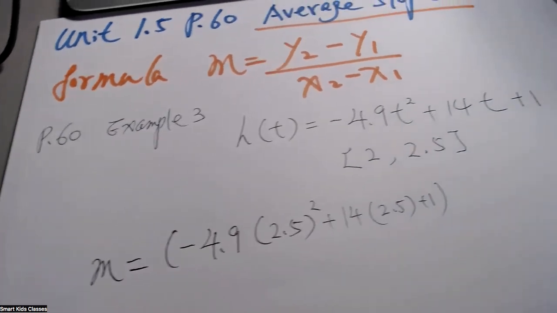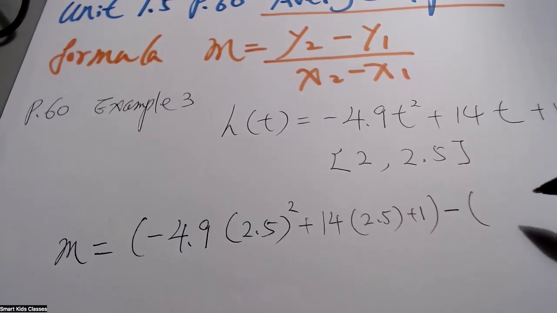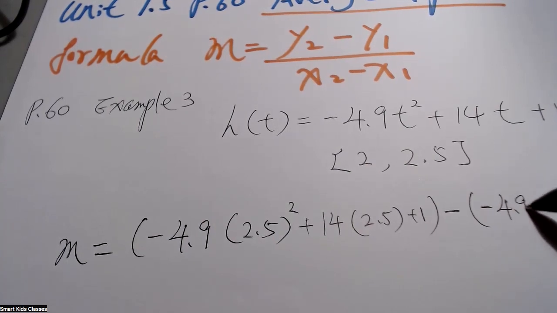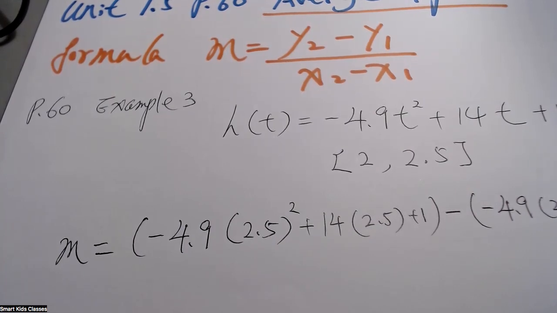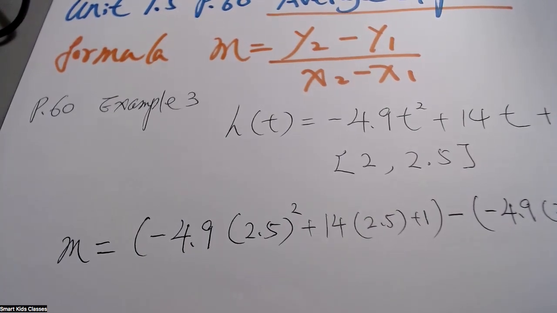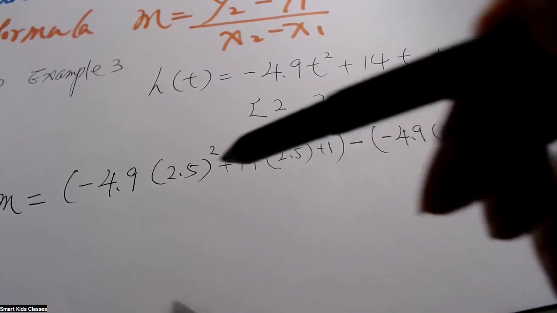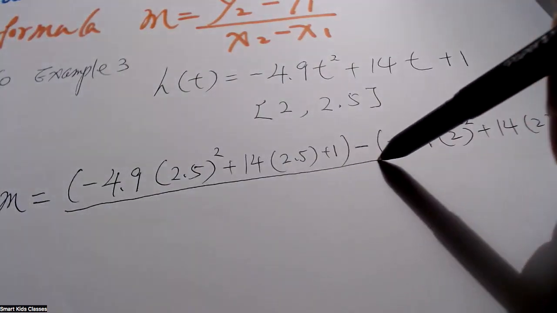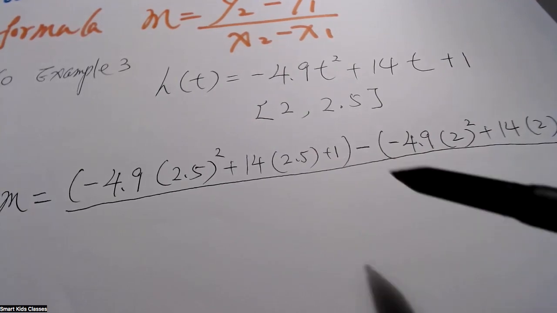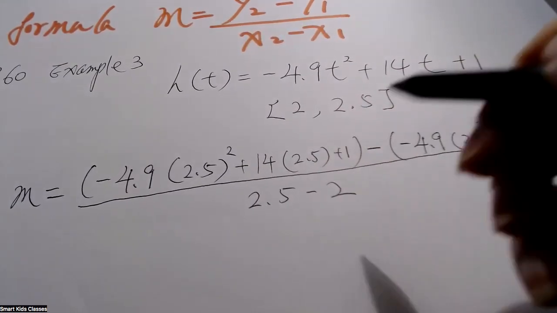Now for this whole equation, we're going to get y2. Now for y1, we're going to take t equal to 2, so negative 4.9 times 2 squared plus 14 times 2 plus 1. Then we take this y2 minus y1 and divide by x2 minus x1, which is 2.5 minus 2.